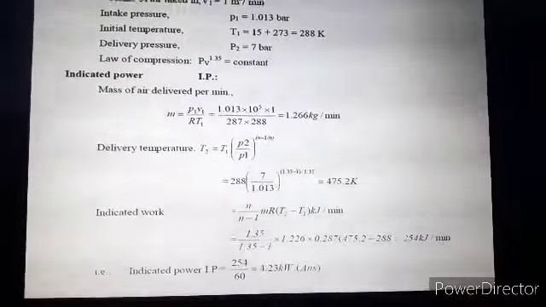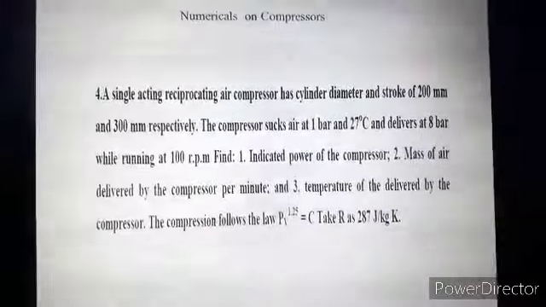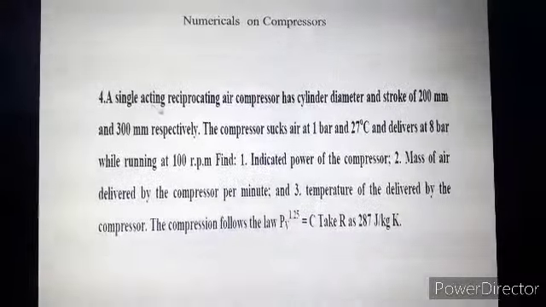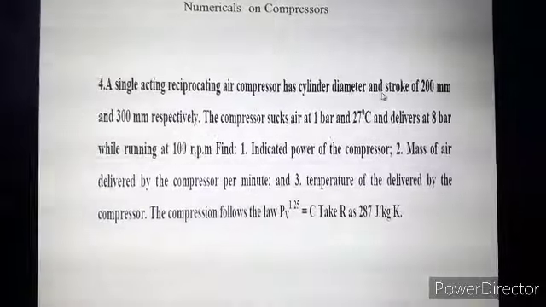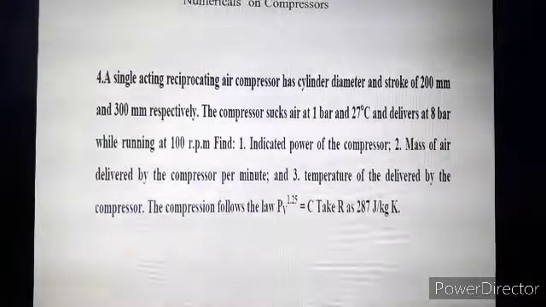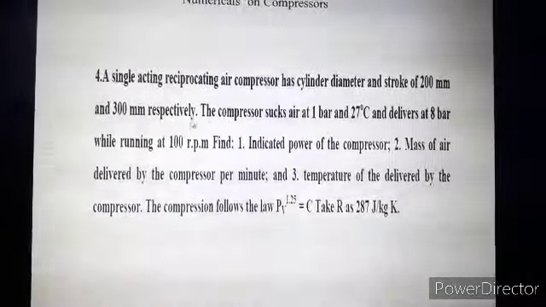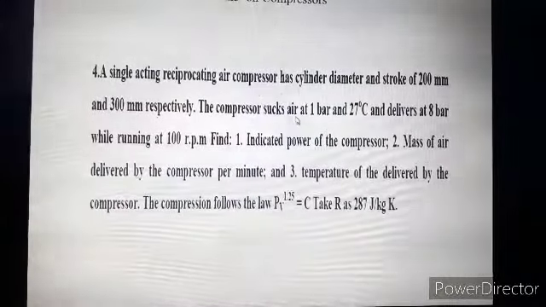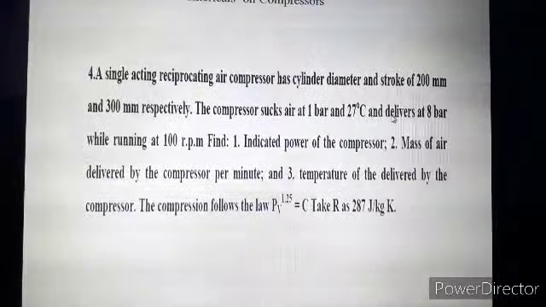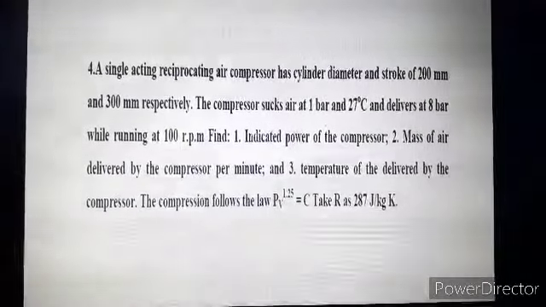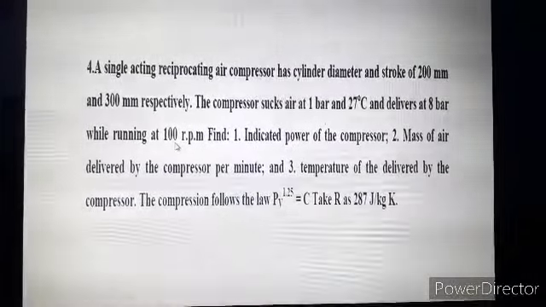Now let us proceed to the next numerical. A single stage single acting reciprocating air compressor has cylinder diameter and stroke 200 mm and 300 mm respectively. The compressor takes air in at 1 bar and 27 degrees Celsius and delivers at 8 bar while running at 100 rpm.